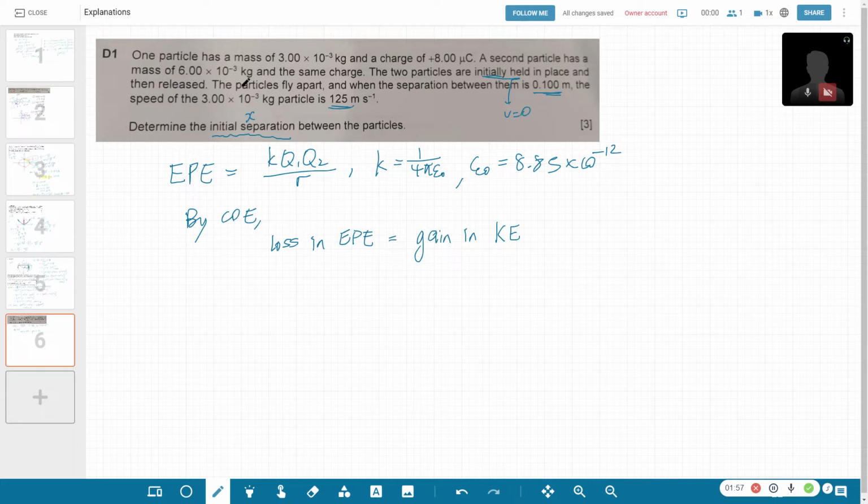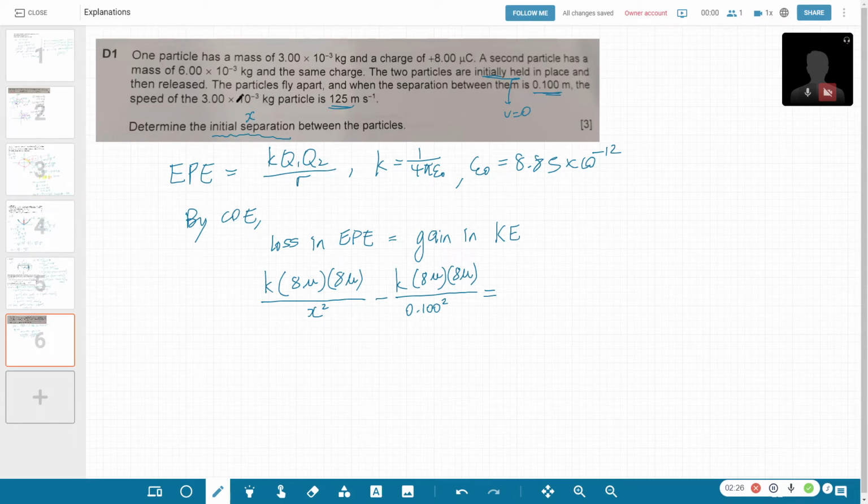So initial, we let it be x. So k times 8 micro times 8 micro over x squared, minus k times 8 micro times 8 micro over the final separation 0.100 squared. This equals the gain in KE of both particles.